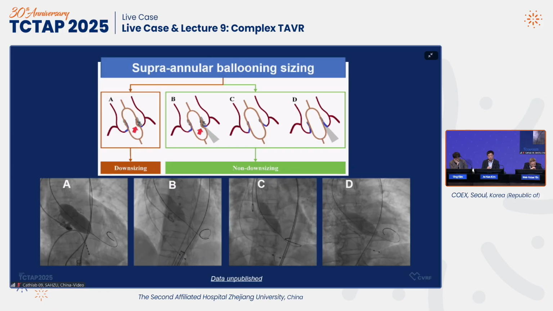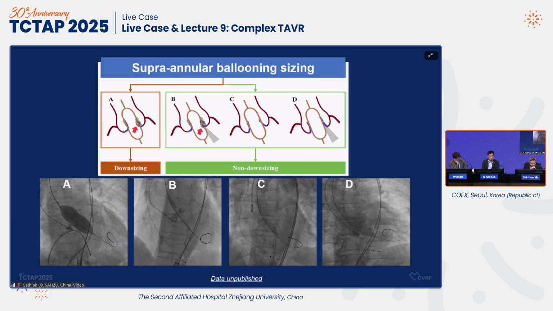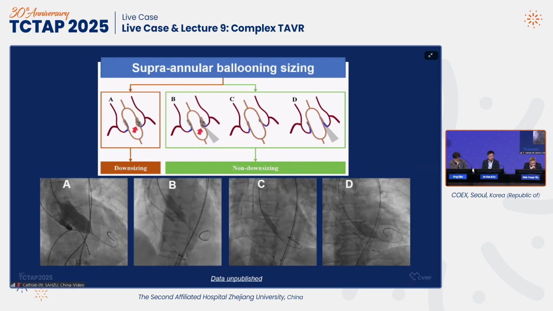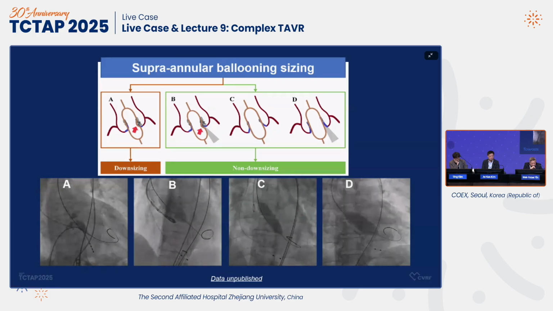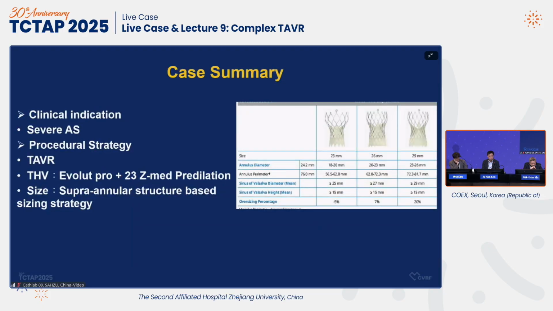We classified it into 4 groups. Group A: severe waist and no regurgitation, then we will downsize the choice of device. Next one, please. So this patient is a very typical type 0 AS low-risk patient, a 66-year-old gentleman.